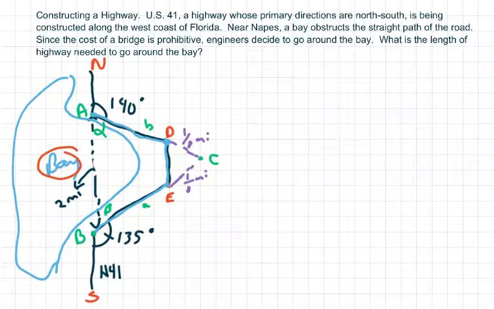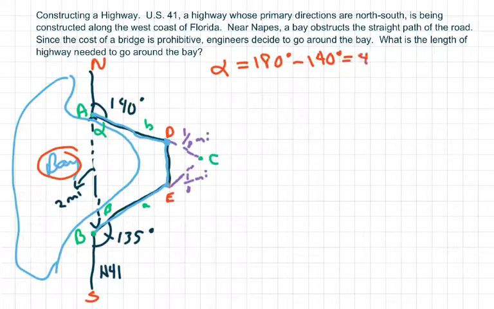So the first thing we're going to do is find alpha and beta. They give you these angles here, the 140 and the 135. So to find alpha is just 180 degrees, because we're using the supplementary angle theorem, minus 140, which is 40 degrees.